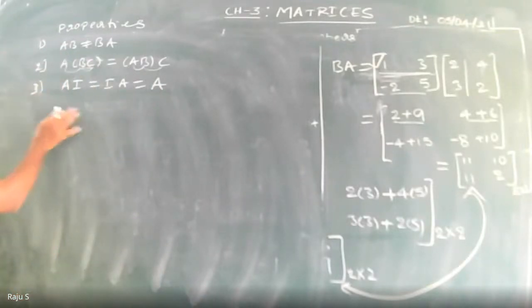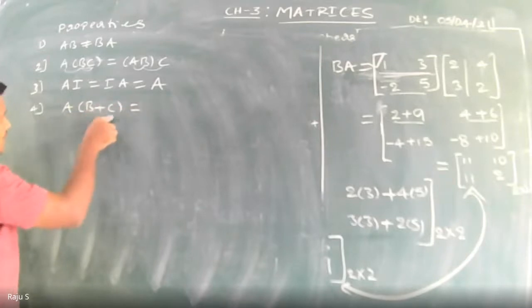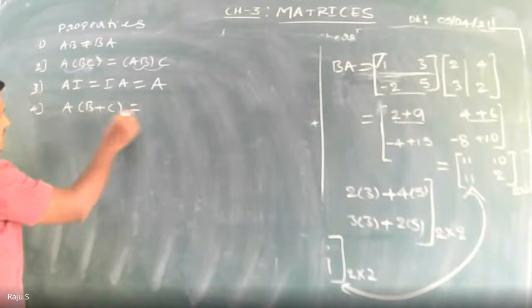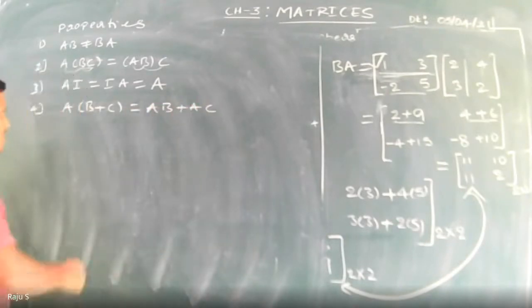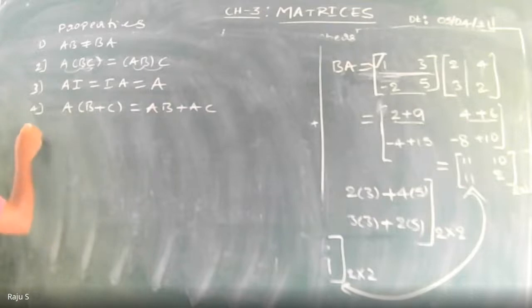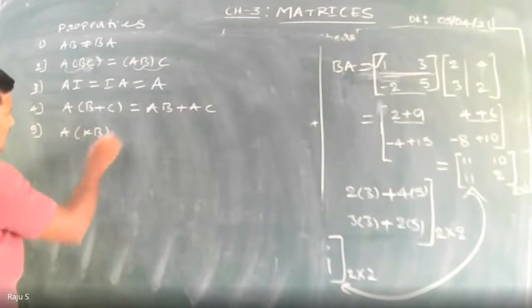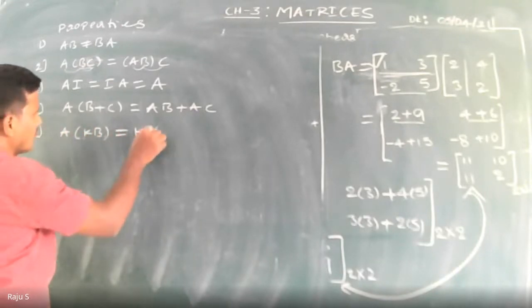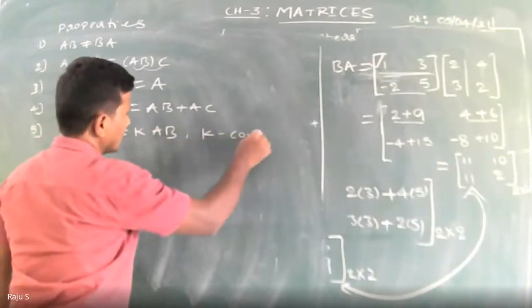If you see the fourth property, A into B plus C: if I take any three matrices, I find first B plus C, then multiply with A. This is equal to AB plus AC. This is also satisfied. In the same way, the fifth one: A into kB can be written as k times the AB matrix, where k is a constant.